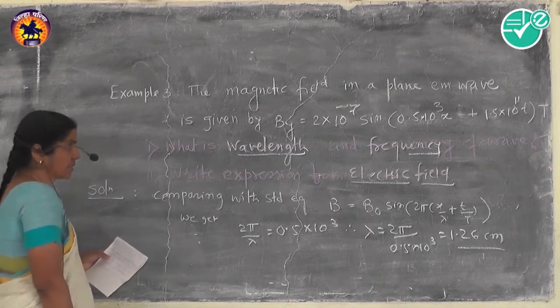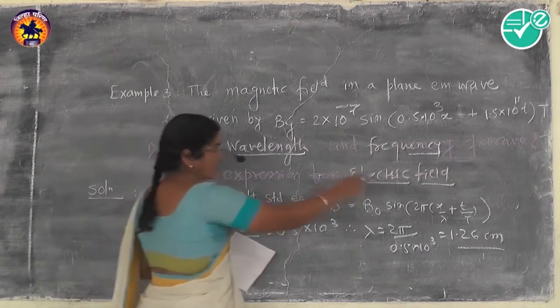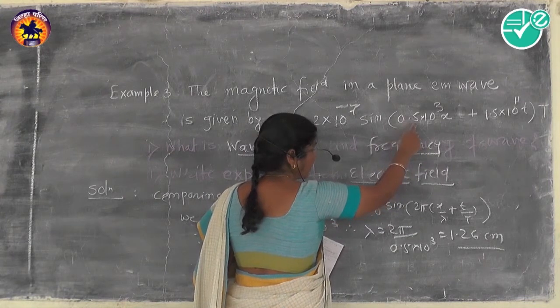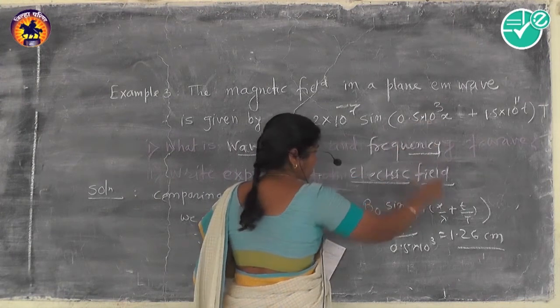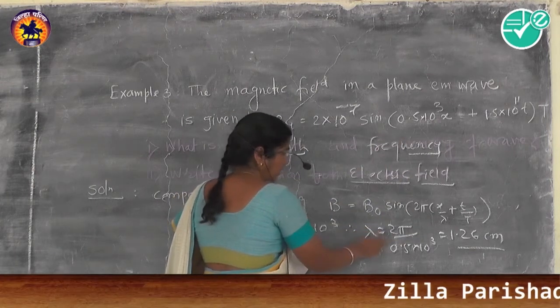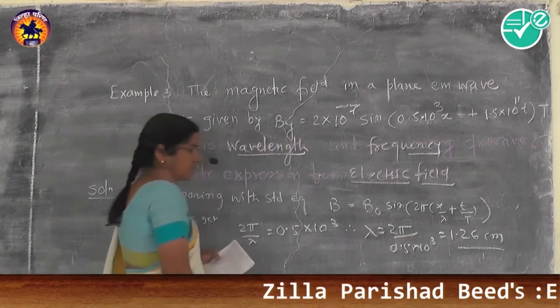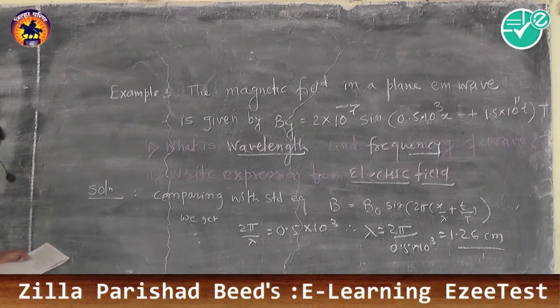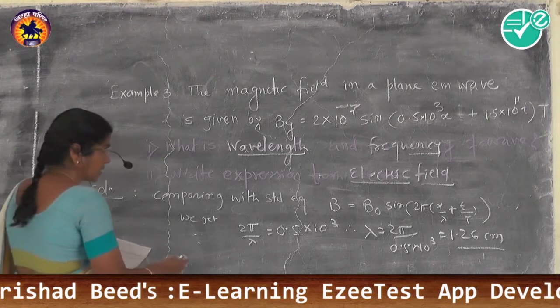Comparing with the standard equation, here 2 pi x by lambda is equal to 0.5 × 10^3 x. So with this comparison, we have the answer of wavelength as 1.26 centimeter. Now the second is frequency.